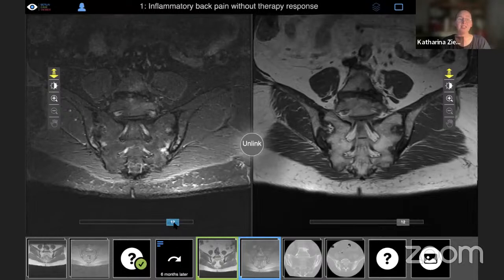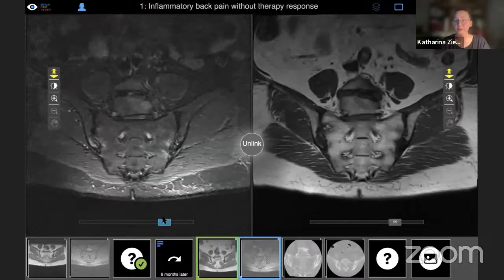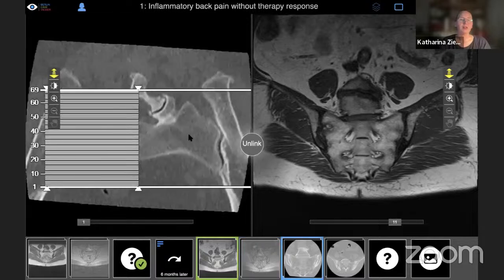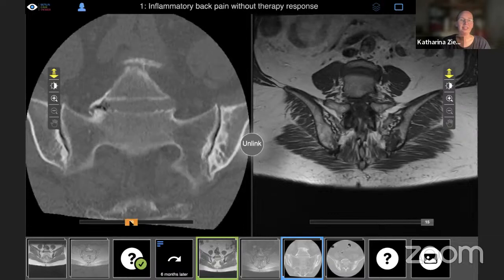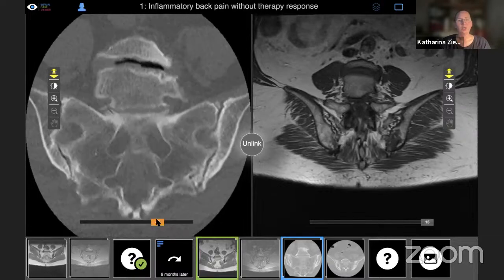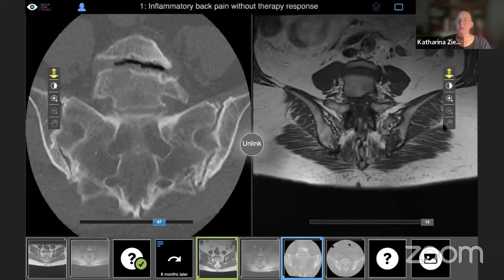So there still seems to be some kind of fluidity or disease activity in this joint, even after six months of really adequate, usually very effective anti-inflammatory therapy. So I would now like to share the CT image, which is very enlightening in this case.